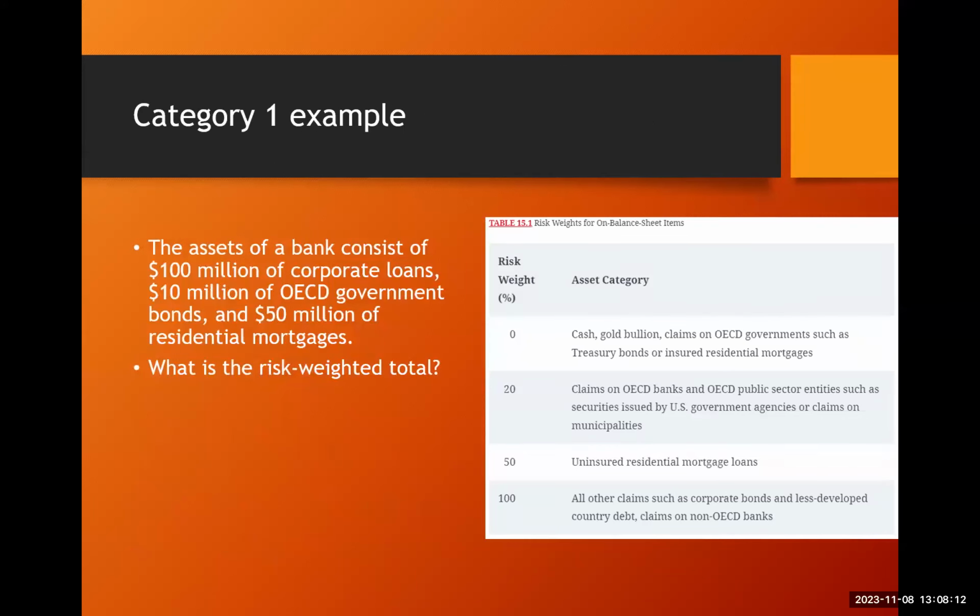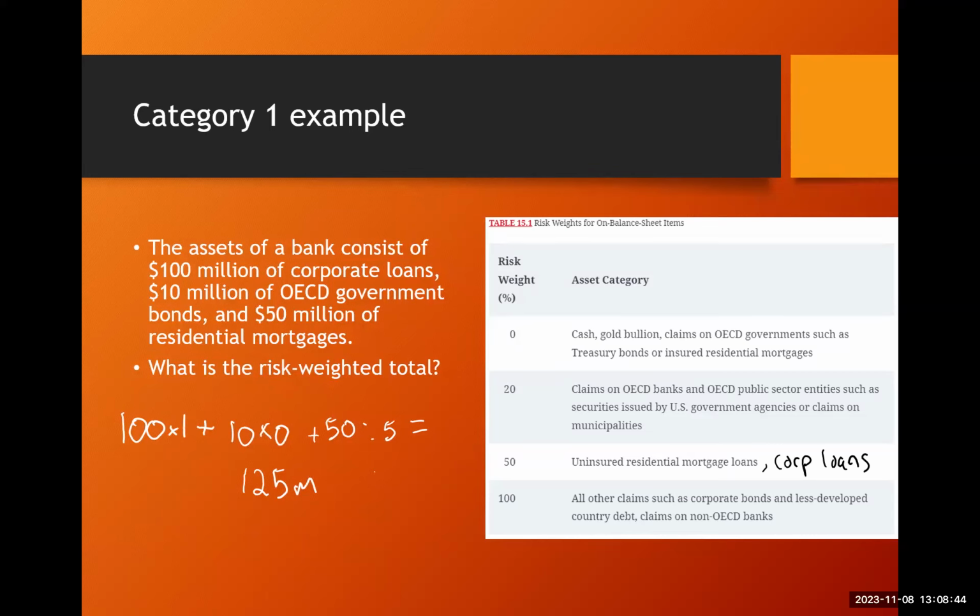As an example, let's say you have 100 million of corporate loans, 10 million of OECD government bonds, and 50 million of residential mortgages. Your total credit equivalent amount is 125 million because it corresponds to a 100% risk rate for the 100 of corporate loans.